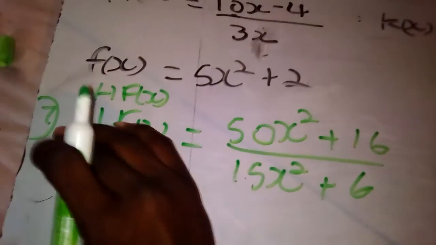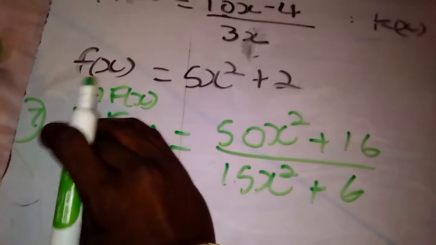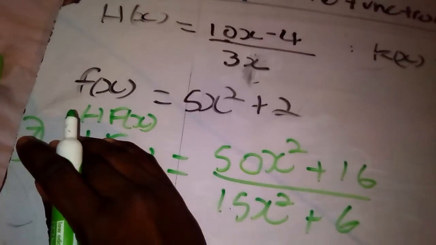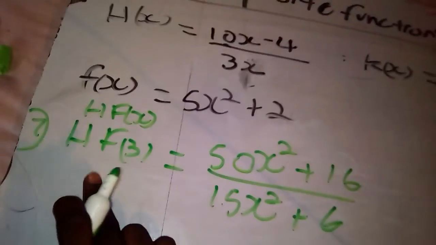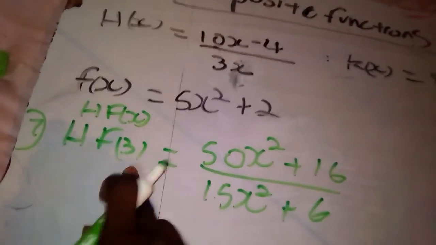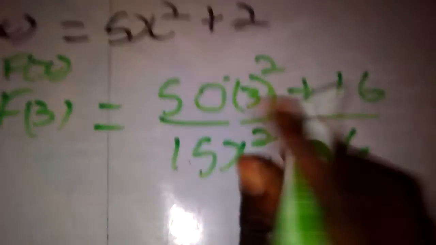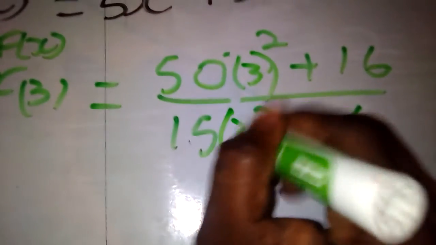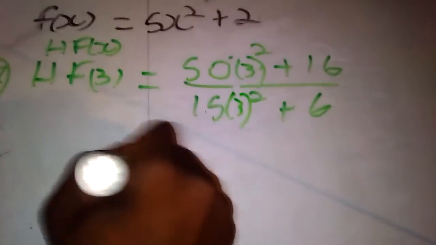This function is not h of f of 3, it is actually h of f of x. So to find h of f of 3, I need to change all of these x's to 3. I put a bracket 3 here and a bracket 3 here as well.